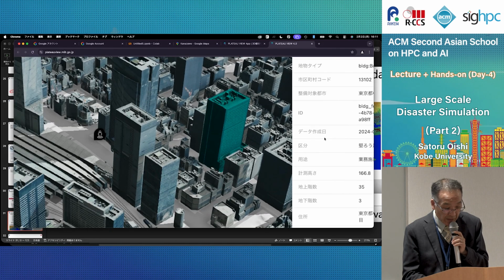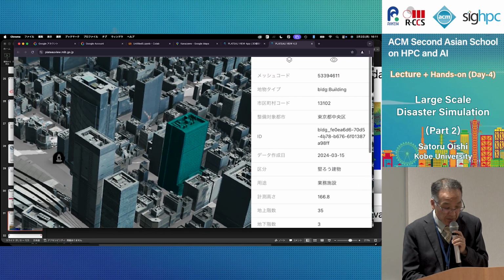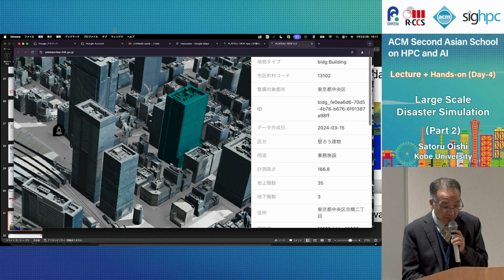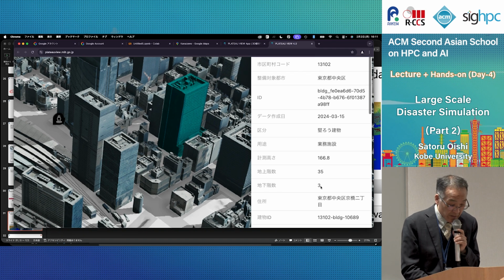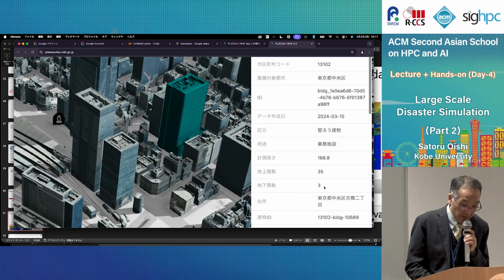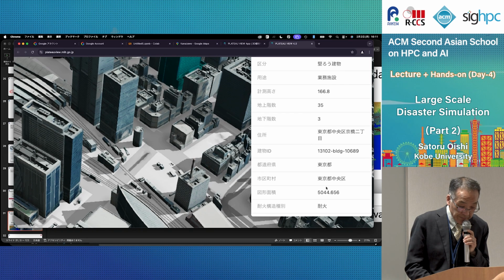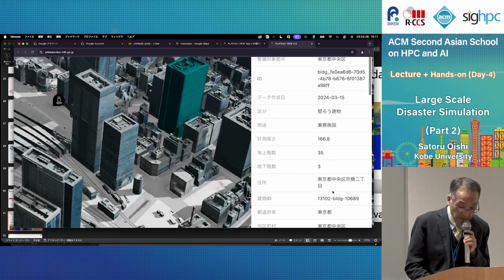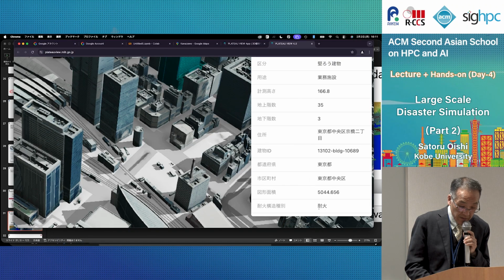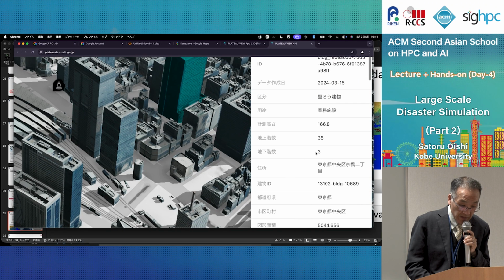If you point out one building, you can see how tall, how many stories under the ground, the areas, the structures, and so on.